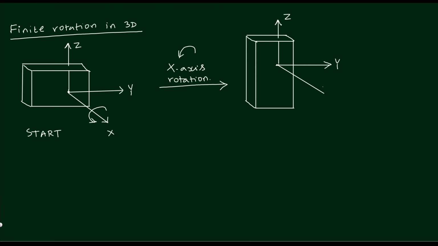The axes will remain the same, so y will be y, x will be x. That will not change. Now this is the rotation that we have performed, corresponding to 90 degree. So let me write down theta 1 equal to 90 degree. Theta 1, because it is the first rotation.